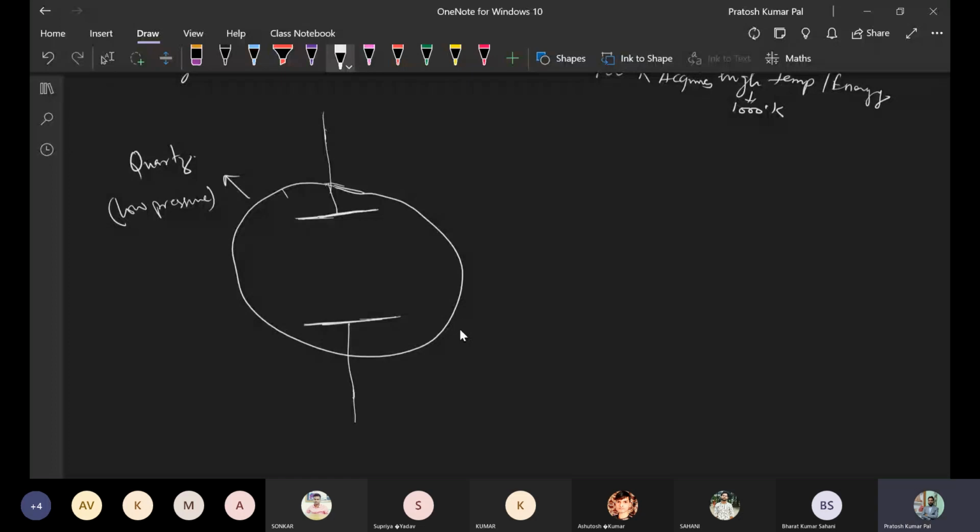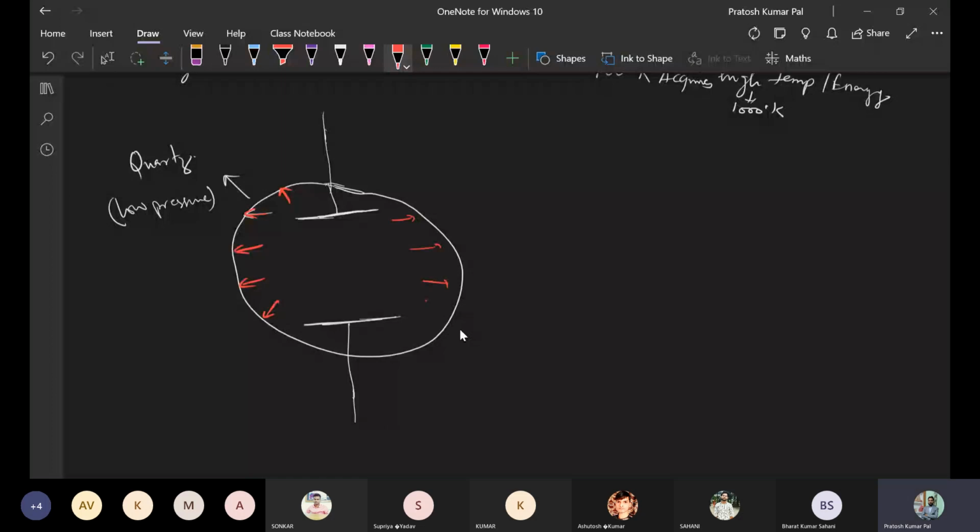They are lighter and have higher energy, but the positive ions, which are heavier, will stay in the middle of these plates.